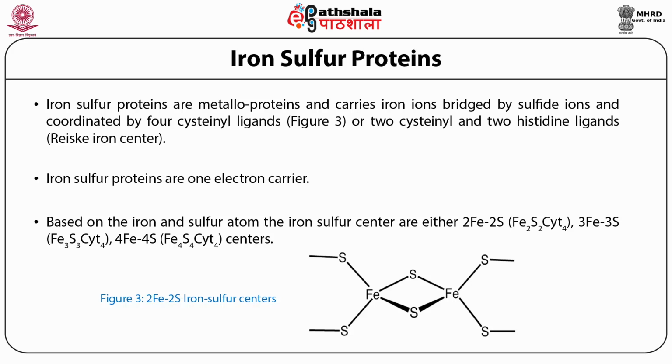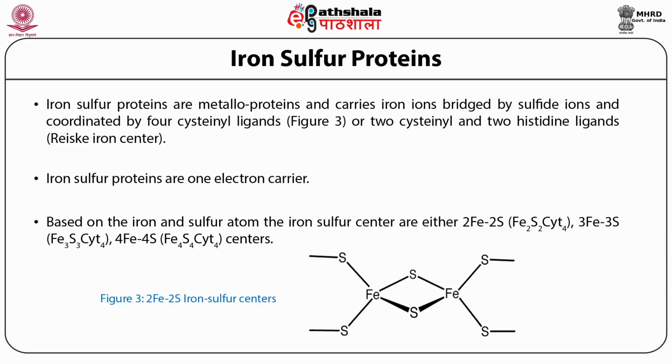Here you can see how iron and sulfur atoms are associated with each other in the 2Fe2S iron sulfur center, and how the 4 sulfur coming from the sulfhydryl groups of cysteine are also involved.